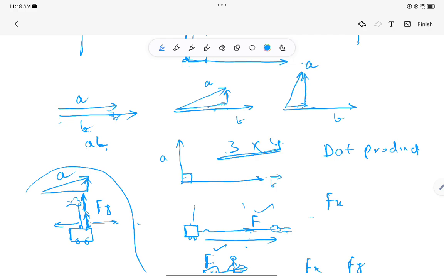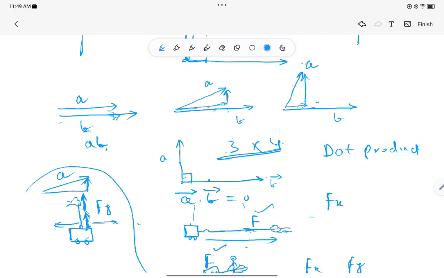But when you take these two vectors, their dot product decreases. When you take this, it decreases further, and when you take this, it is zero. We say the dot product A dot B is equal to zero. What about these other cases? We don't need them till now, and when we need them, I will tell you more about this.